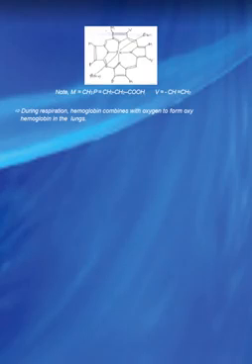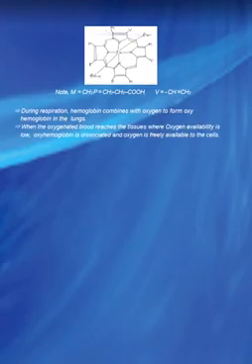And coming to the biological importance. During respiration, hemoglobin combines with oxygen to form oxyhemoglobin in the lungs. When the oxygenated blood reaches the tissues where oxygen availability is low, oxyhemoglobin dissociates and oxygen is freely available to the cells.